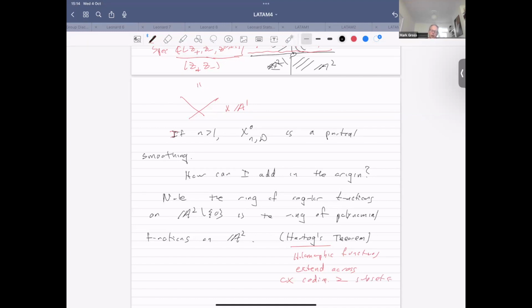So in fact, any regular function on the affine plane minus a point will extend across the point to give you a regular function on the affine plane, and so it will be just a polynomial.